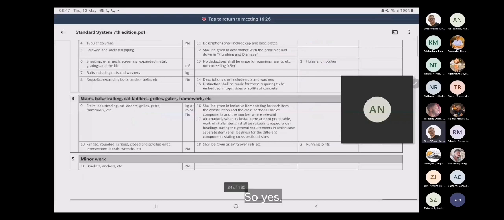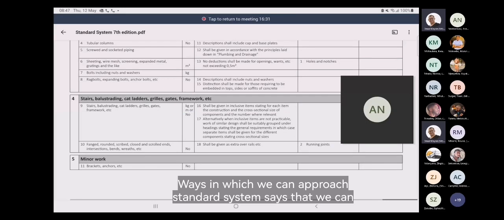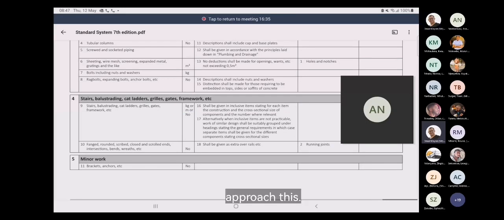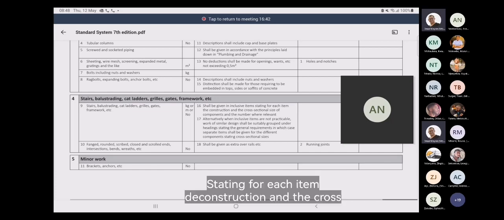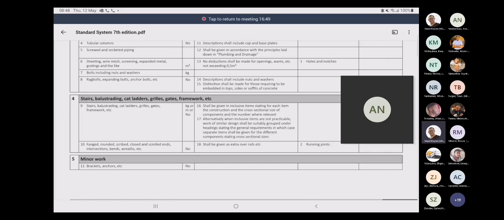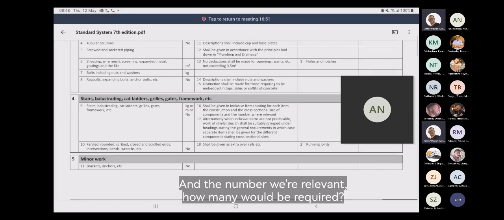So yes, there are different ways in which we can approach this. The standard system says that we can approach this, and when measuring, it shall be given in inclusive terms, stating for each item the construction and the cross-sectional size of the components and the number, where relevant, how many would be required.